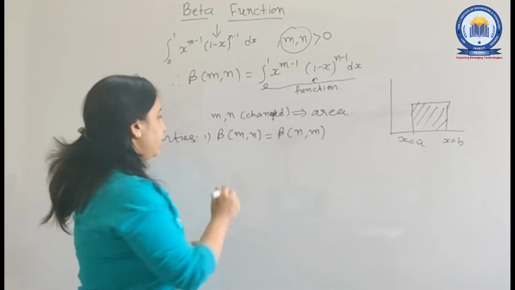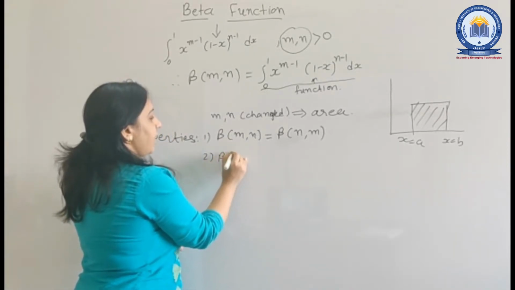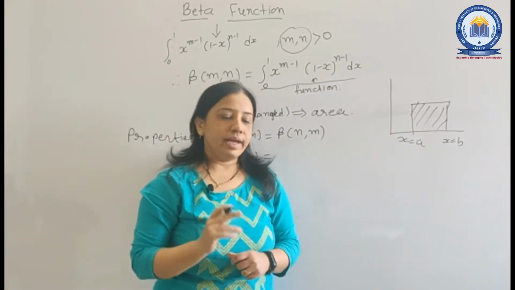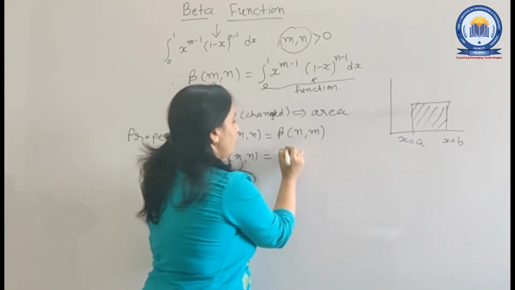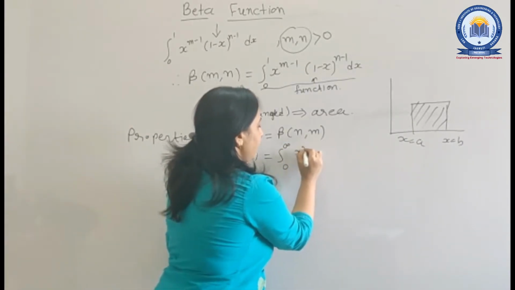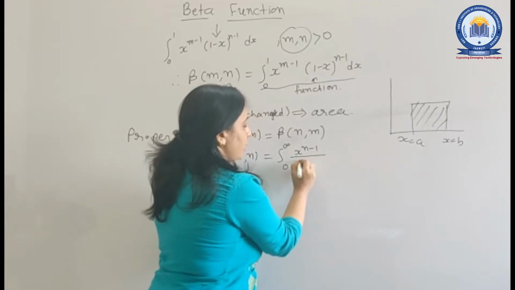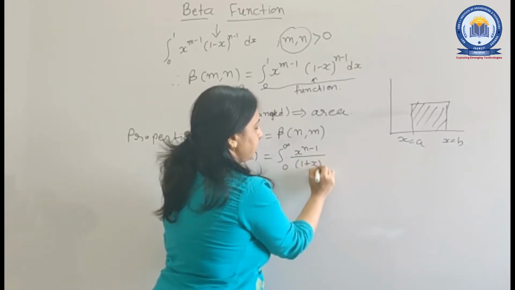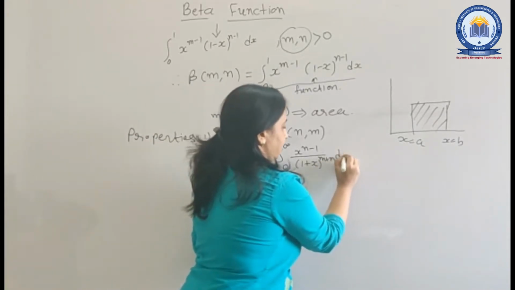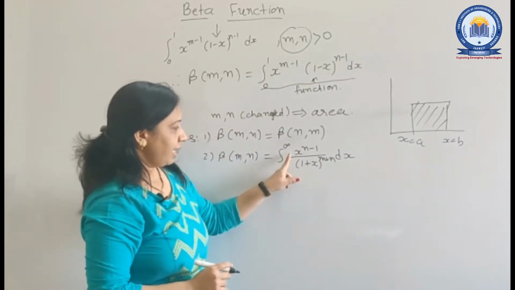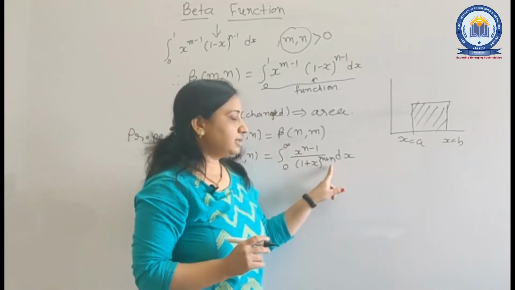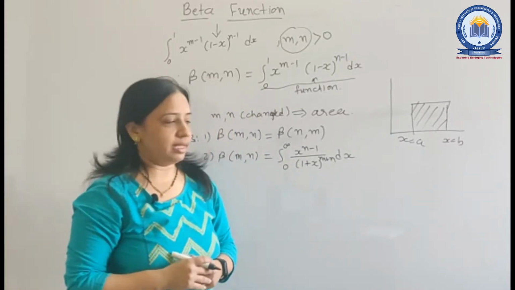The next one is beta(m,n) equal to integration 0 to infinity x raised to n minus 1 upon 1 plus x raised to m plus n dx.